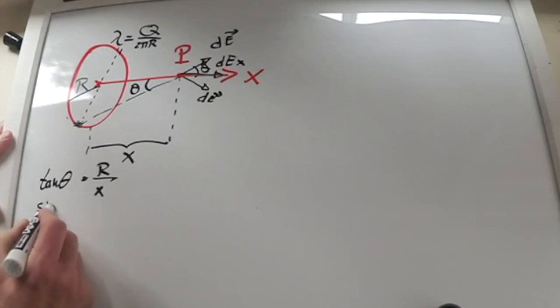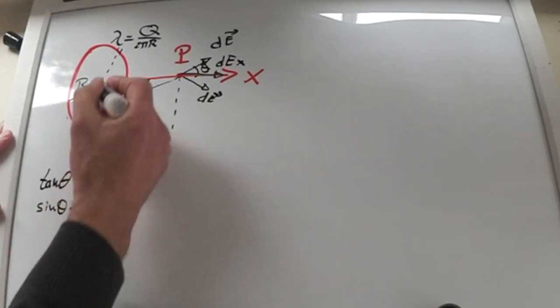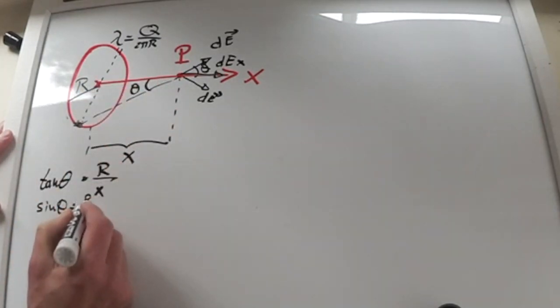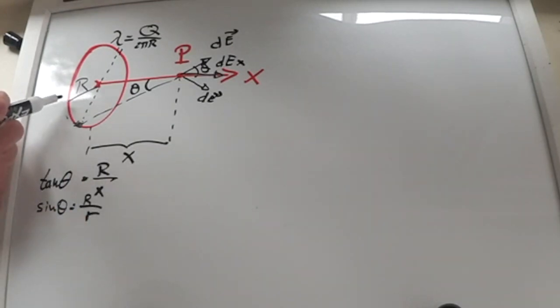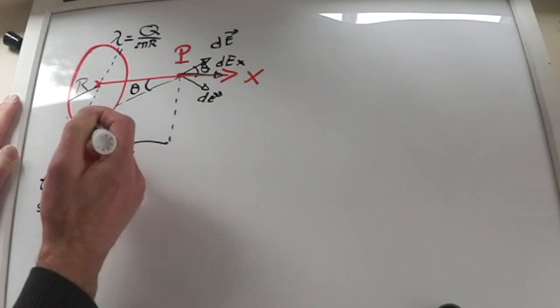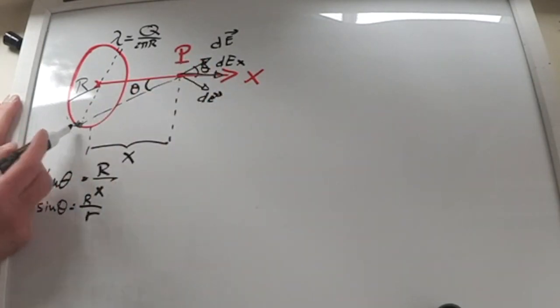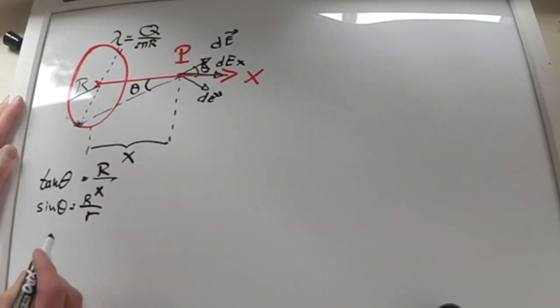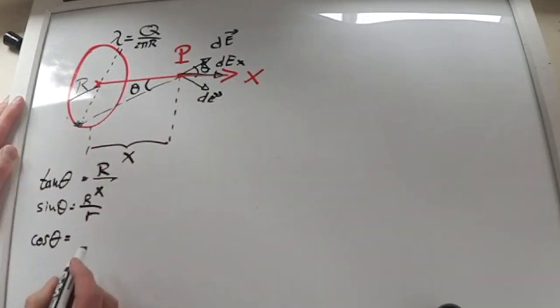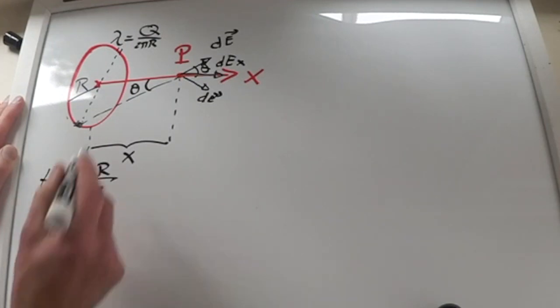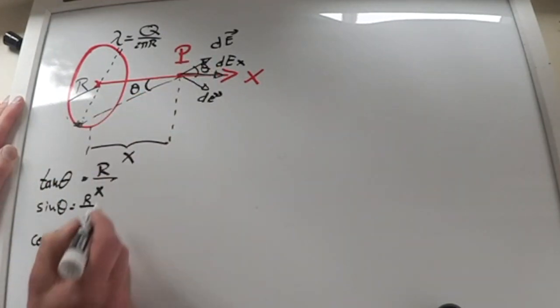The sine of theta is going to be the opposite, which is again R divided by little r. I will distinguish the capital R as the radius of the ring and the little r as the distance from the differential of charge to the point where I'm calculating that electric field. And the cosine of theta is going to be the adjacent side, which is x, divided by the hypotenuse, which is r.